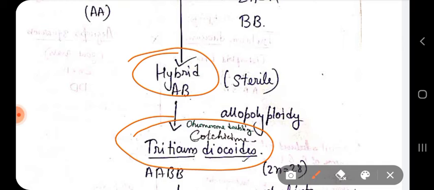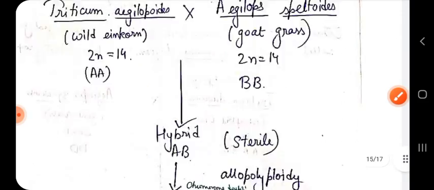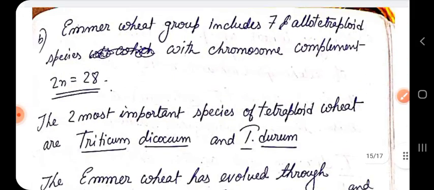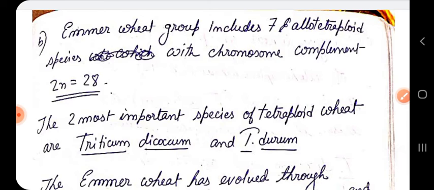Chromosome doubling can be carried out by using colchicine, and we prepare a new variety of wheat, Triticum dicoccoides. This Triticum dicoccoides falls in the Emmer wheat group. The Emmer wheat group includes 7 allotetraploid species with chromosome complement 2n equals 28. The two most important species of tetraploid wheat are Triticum dicoccum and Triticum durum.